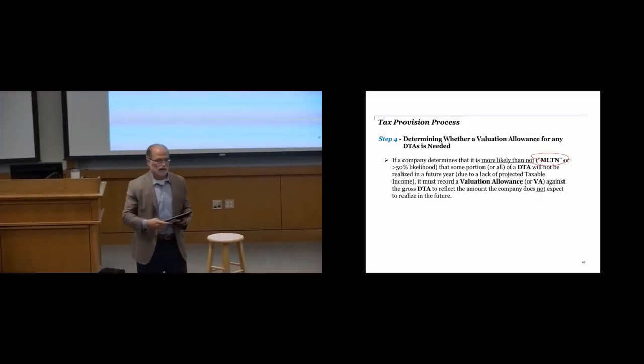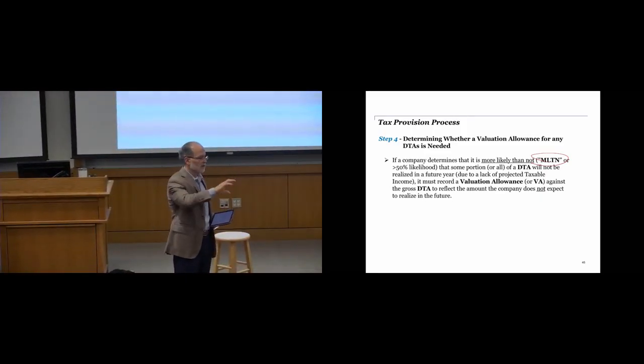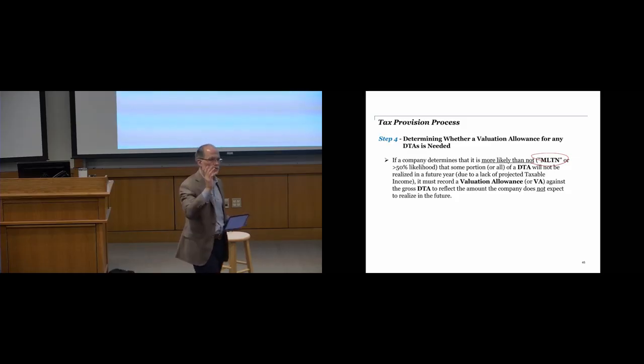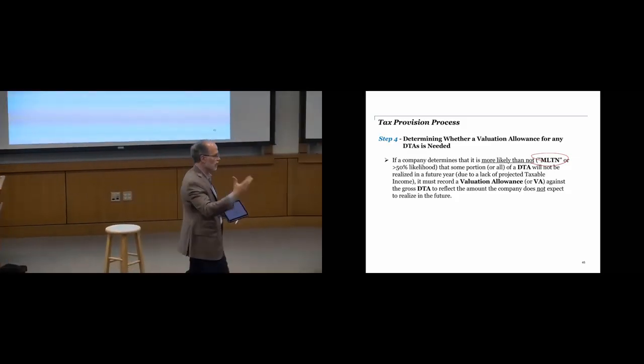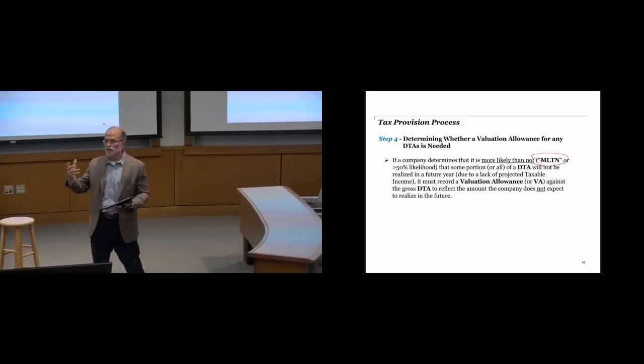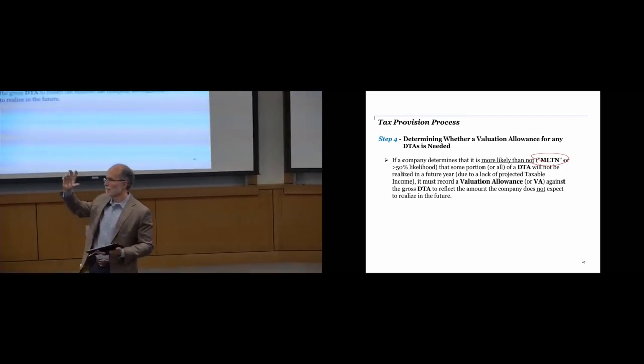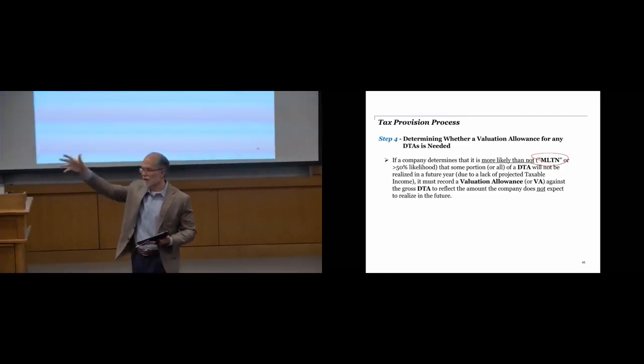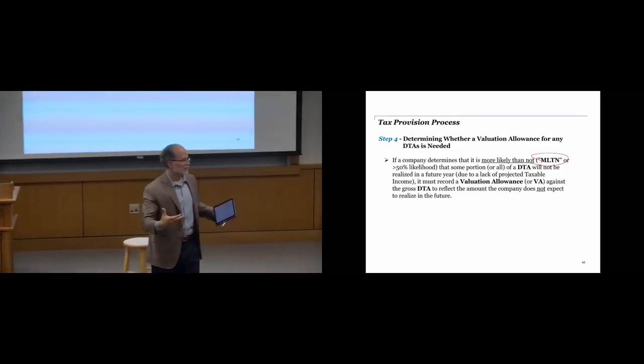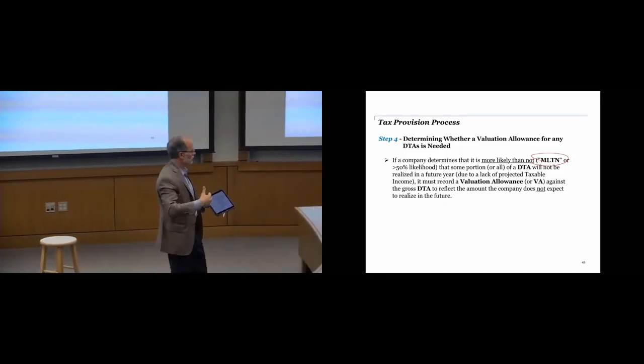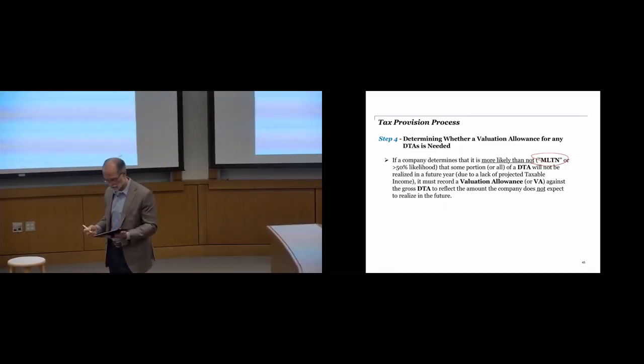I can't carry the asset, just like any other asset on the balance sheet, greater than what I can realize it for, i.e. converted into cash. So if that DTA, even though it's a future tax deduction, I'm not going to be able to get it, that's the VA process. I'm going to reduce the gross DTA down to what is real.